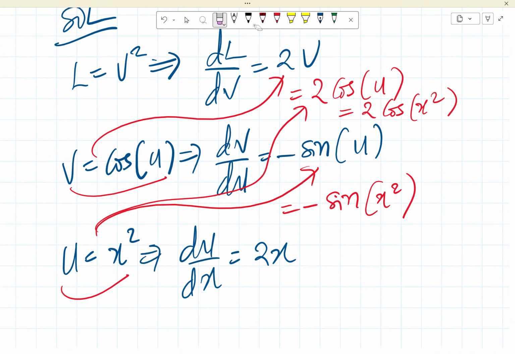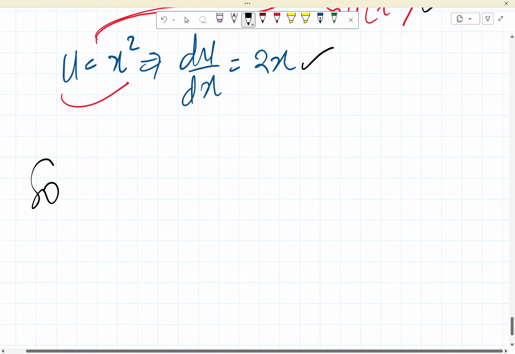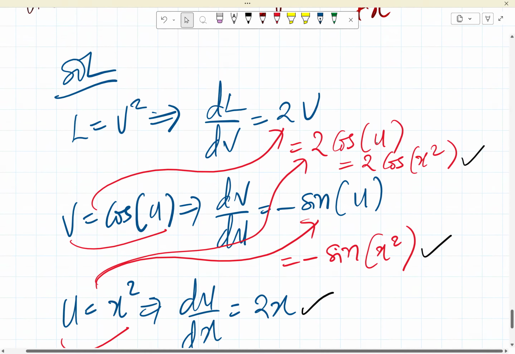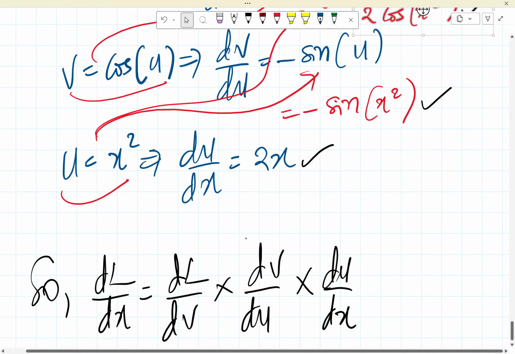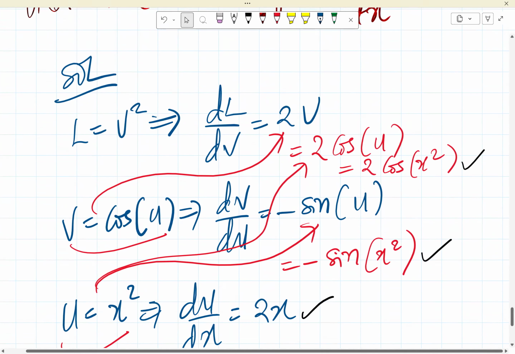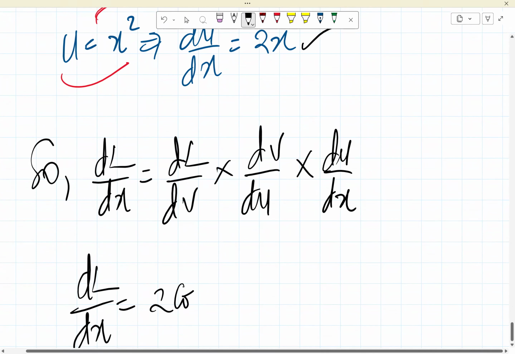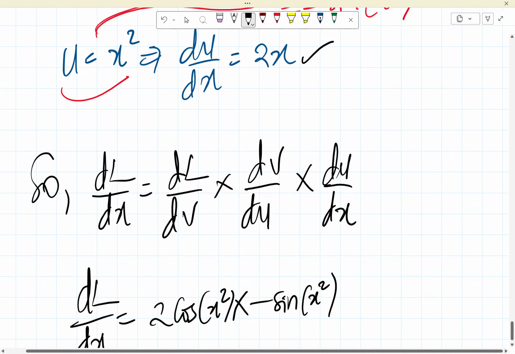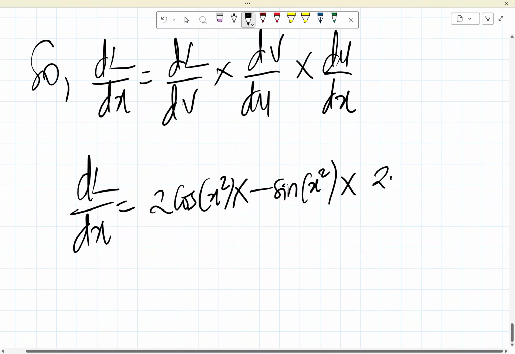So dL/dx is equal to dL/dv multiplied by dv/du multiplied by du/dx. dL/dv is 2 cos x squared, times dv/du, which is minus sine x squared, and du/dx is 2x.